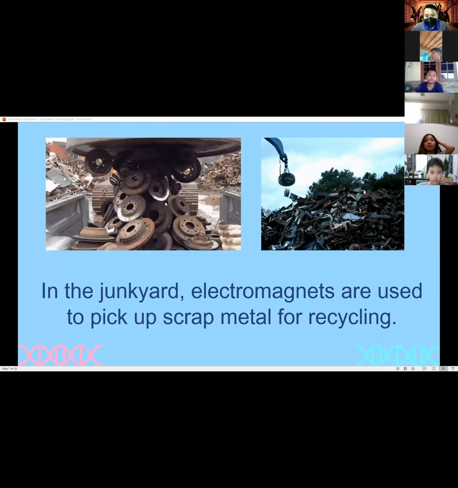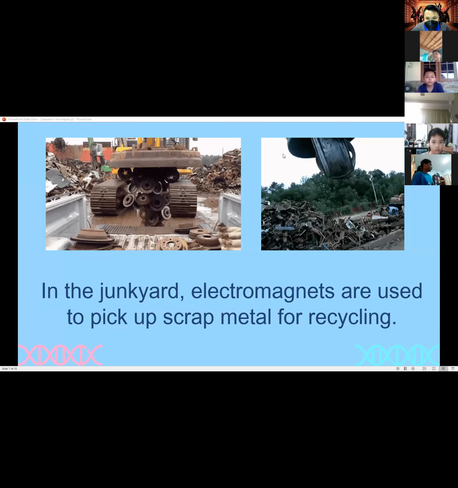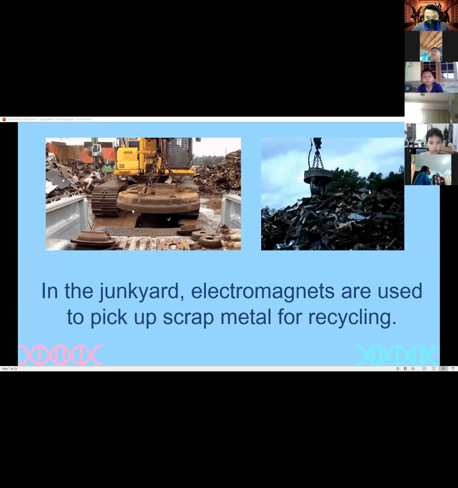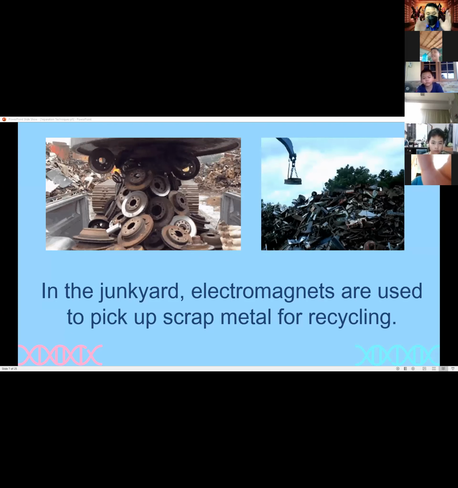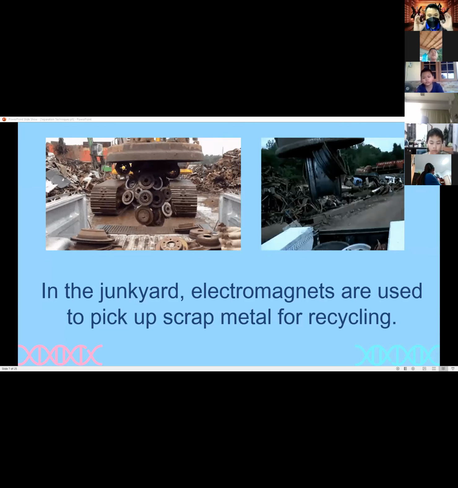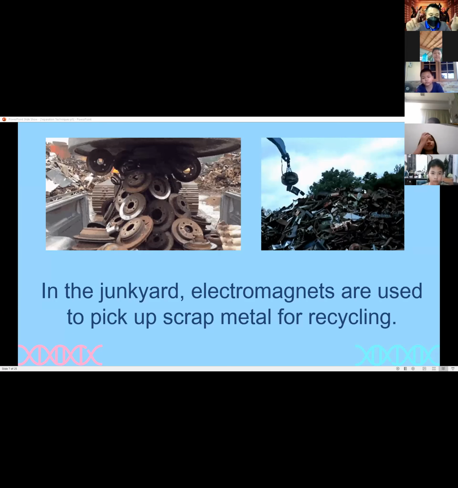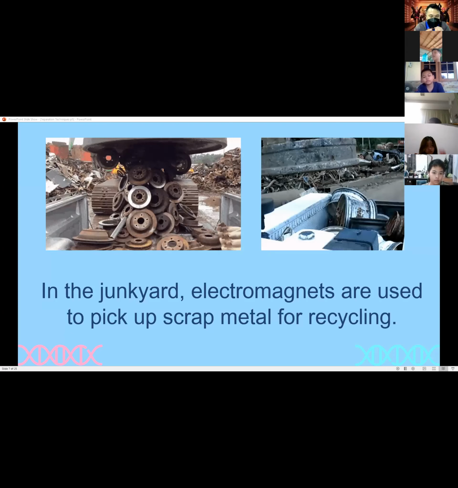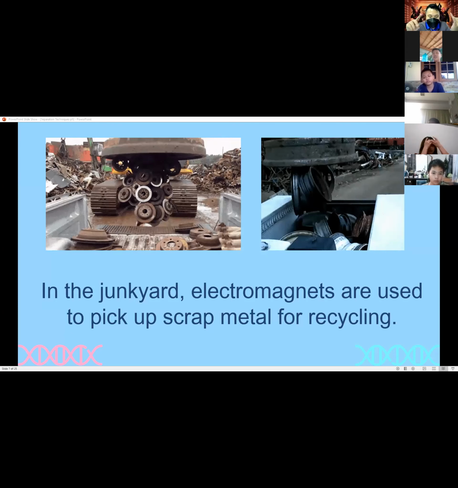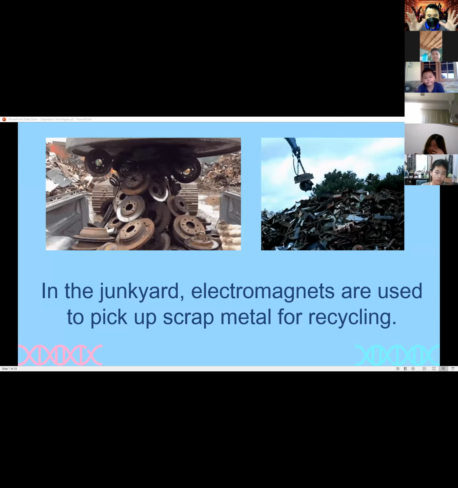Okay, so in the junkyard, they use this one, the big magnet here, to get all the metal or to separate metal and non-metal materials. Examples of non-metal materials: the cloth, the alloy, the aluminum, the wood, plastic, to separate them.